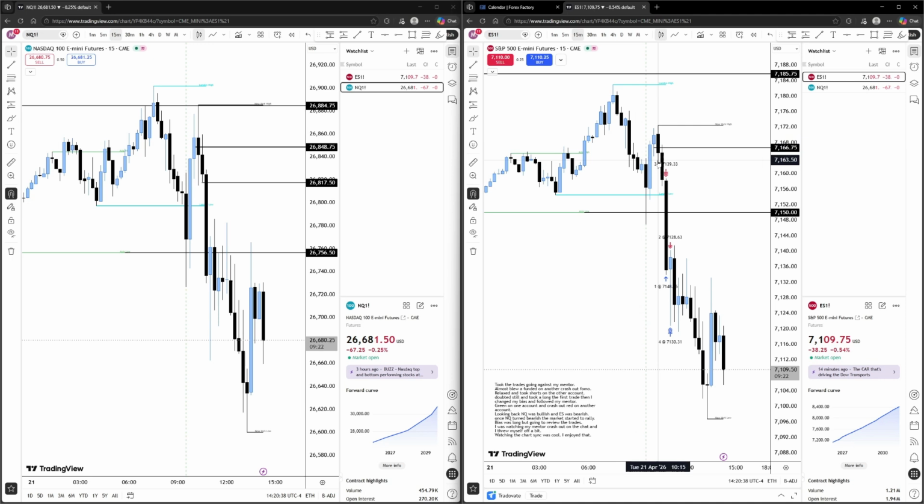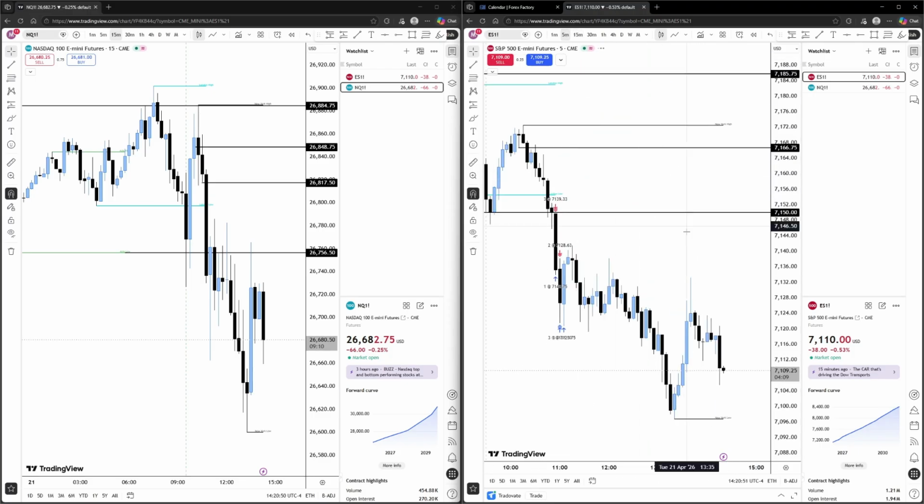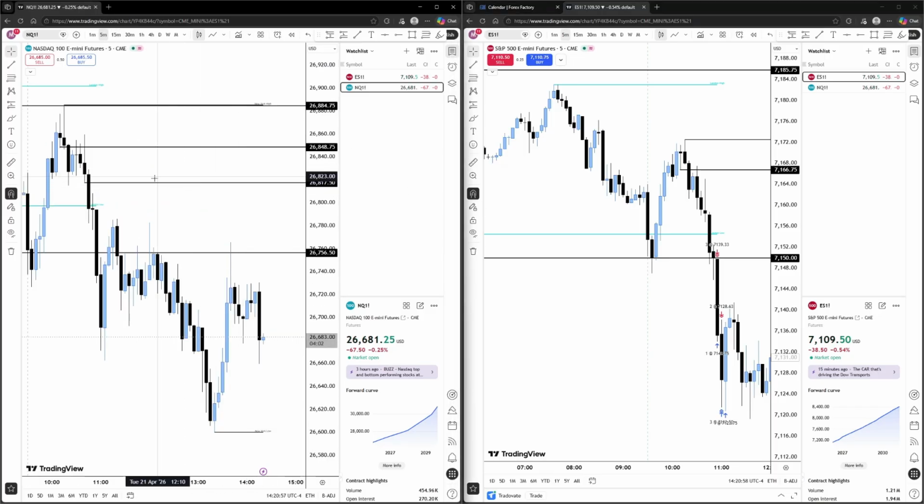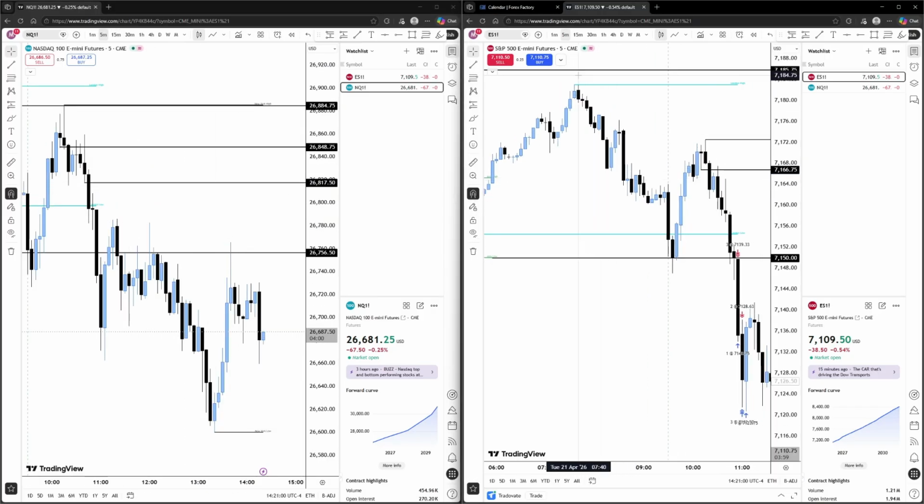I don't think there was really a solid fair value gap. I think on the 5-minute there was. Yeah, there was plenty. On the 5-minute, once it broke structure to the downside, we were looking at this 5-minute confluence, right?